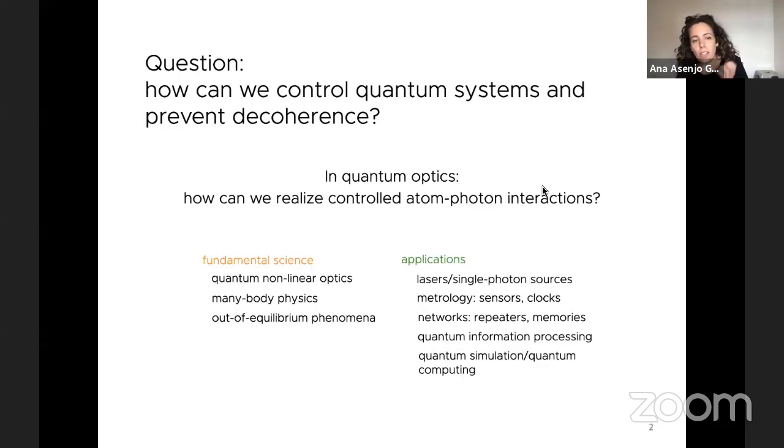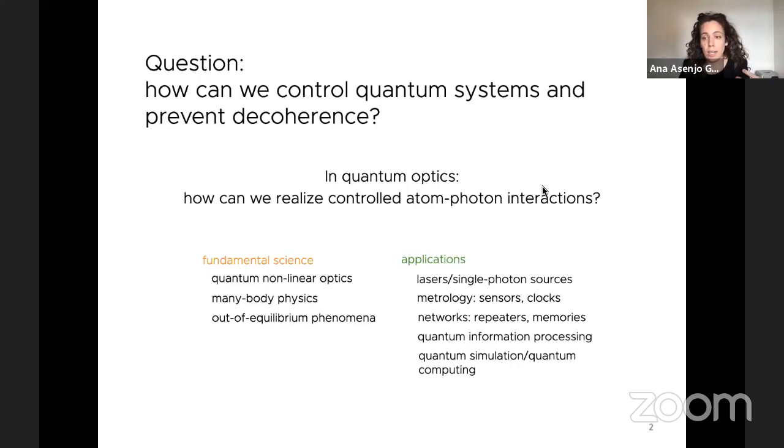There is a fundamental question in quantum physics: how to control quantum systems and prevent decoherence. And in the context of quantum optics, this question takes a bit of a different form. That is, how can we realize controlled atom-photon interactions? Controlled or efficient atom-photon interactions are important for realizing many ideas in fundamental science, such as quantum nonlinear optics, or many-body physics between atoms that is made by photons, or between photons made by atoms.